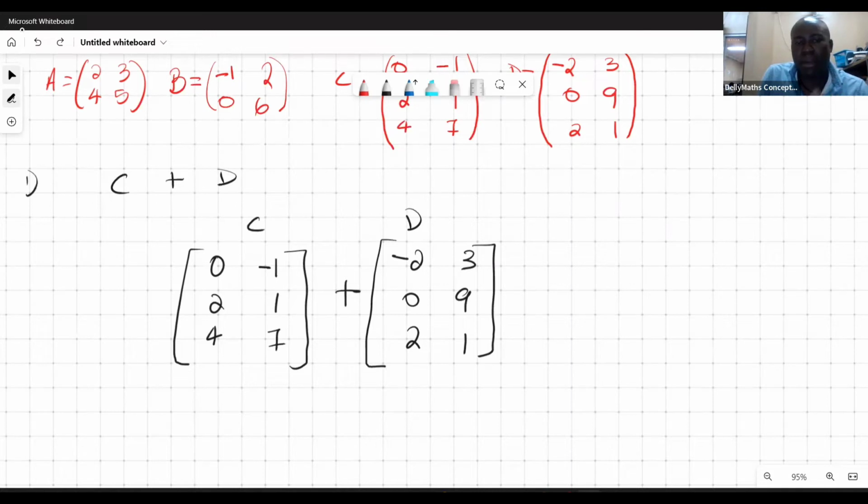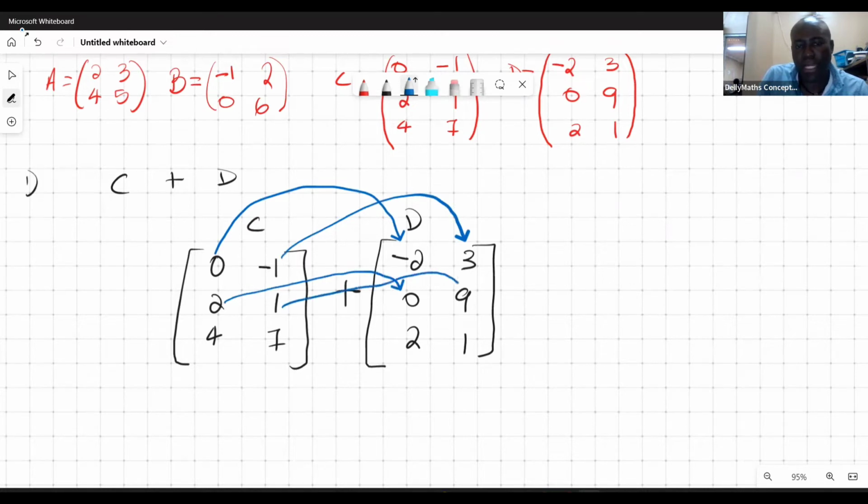Remember, we're adding elements in the corresponding spots, which means that 0 will be added to the 2, -1 will be added to the 3, 2 here will be added to the 0, 1 will be added to the 9, 4 will be added to the 2, and the 7 with the 1.